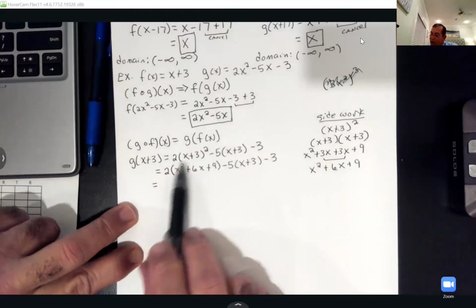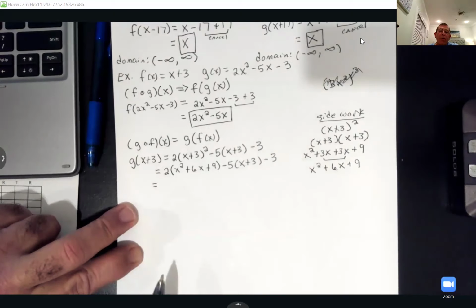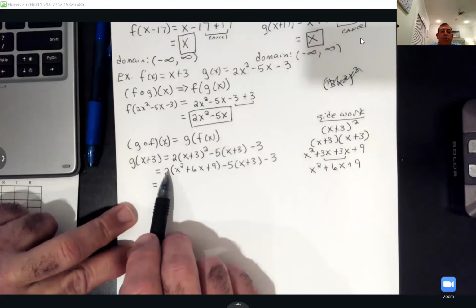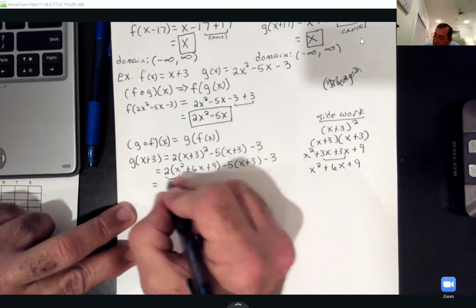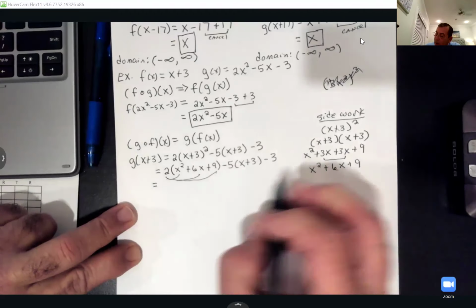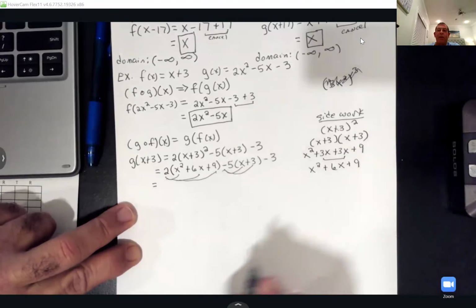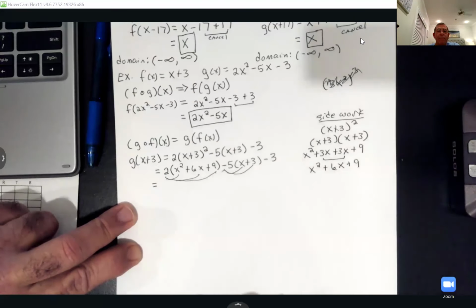So we cannot do anything in the parentheses. We've taken care of the exponent. So now we're going to multiply. We're going to distribute this 2 through the first parentheses. We'll distribute the -5 through the second parentheses. And then at the end, we'll bring down that -3.